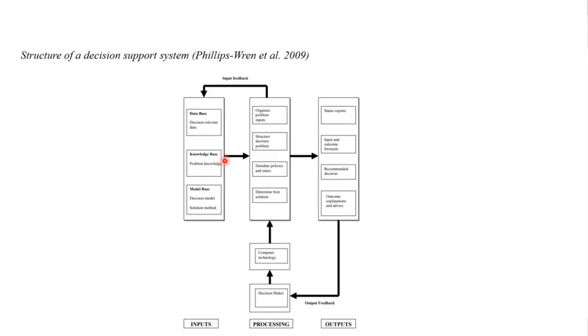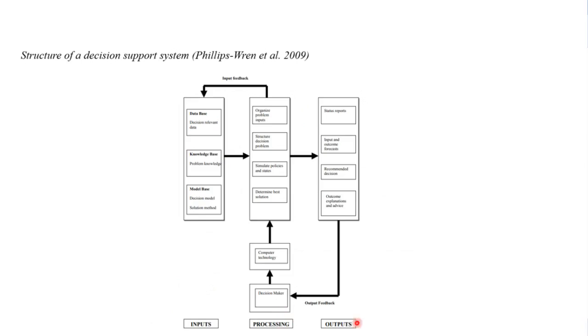When we talk about decision support systems, a basic component is that there must be input. Input can be data, resources, data sets, databases, all those things come together. There's also a processing component, where we have the logic, the code, and all the algorithms.